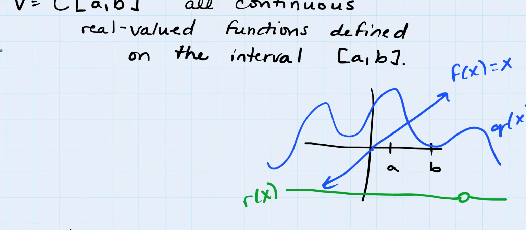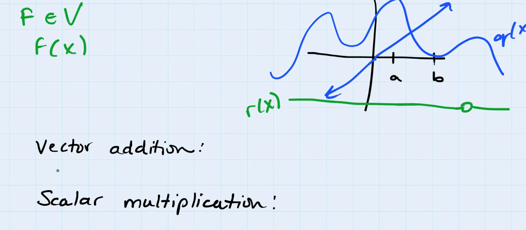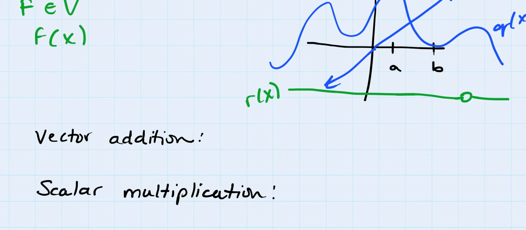Again, the vectors in this space are going to look like letters, like f, and then we evaluate it on x. So let's talk about the vector addition and scalar multiplication. This is going to be very similar to polynomials.